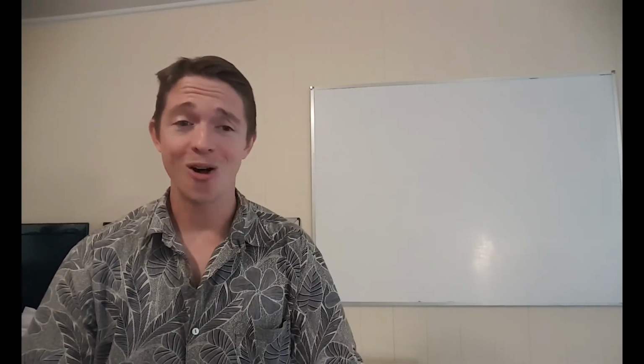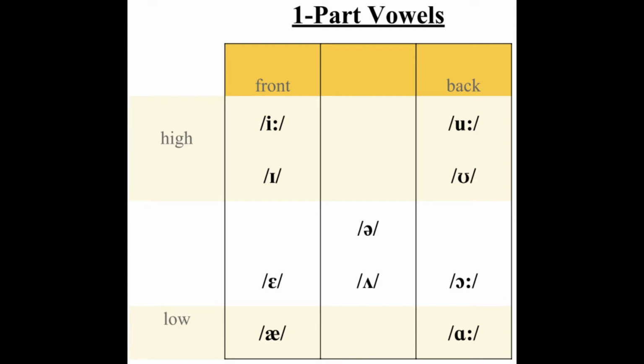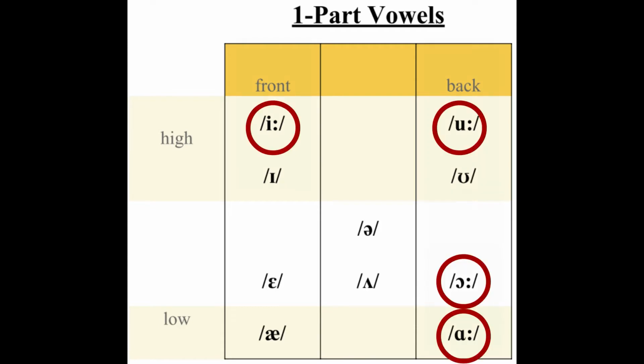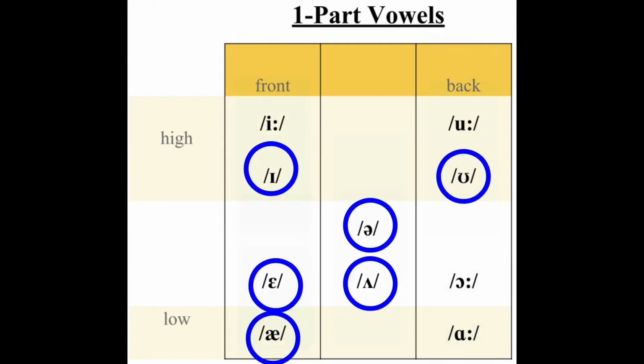Let's look at all the one-part vowels. Notice that some of the vowels have two dots next to them. This means the vowel is tense. It's a stronger sound that takes more time to say. The sounds that don't have any dots next to them are called lax vowels. They're shorter and more relaxed.